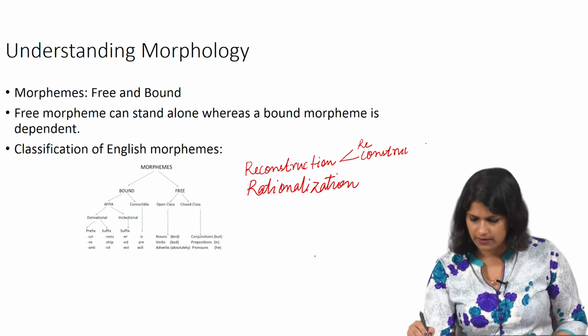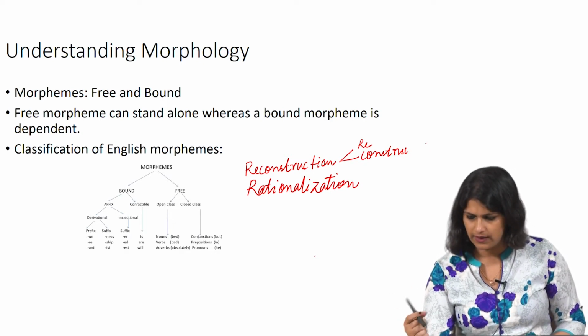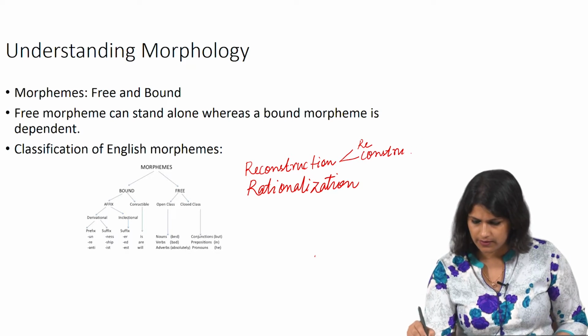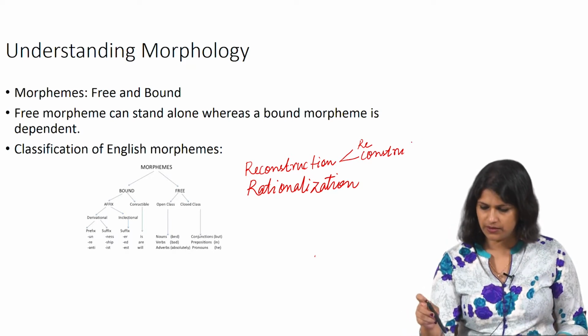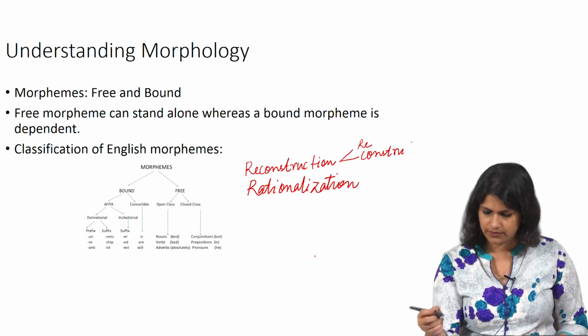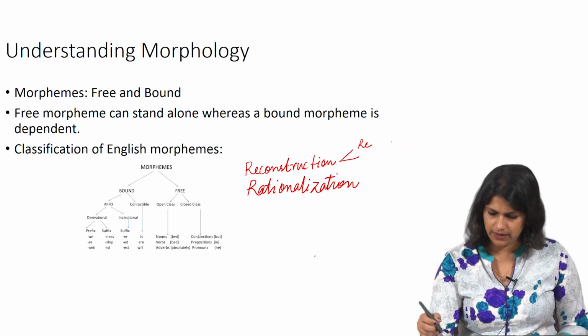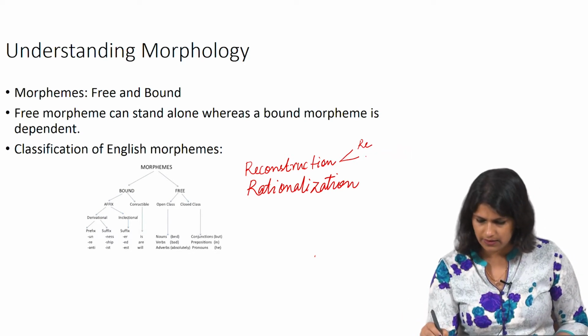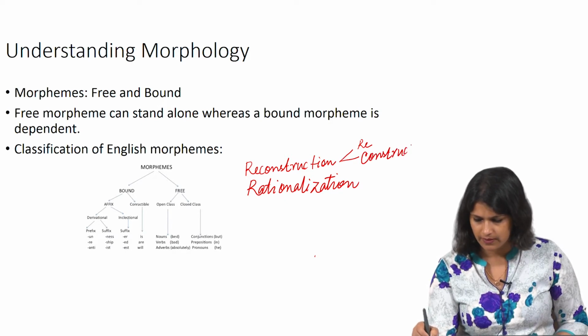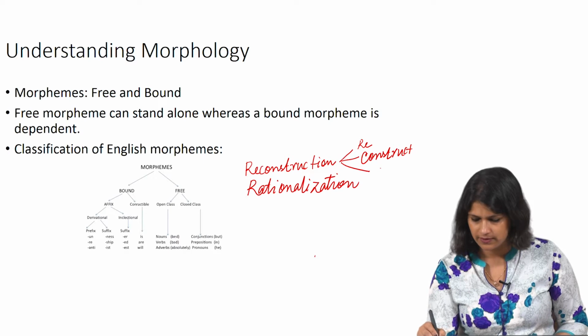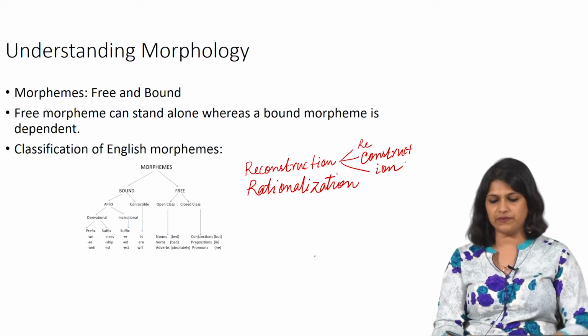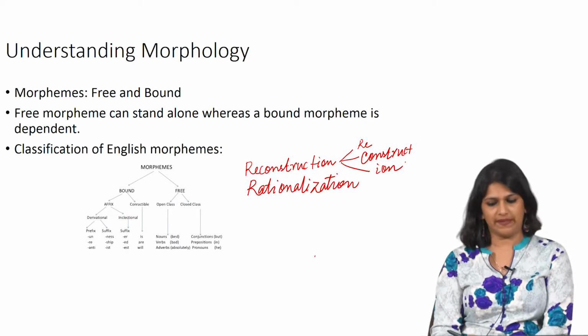Oops, I am so sorry, I have to start writing from the beginning. So, one is re, then the other one is construct, then the third one is -ion, right. So, these are the three morphemes that I see in the first word.